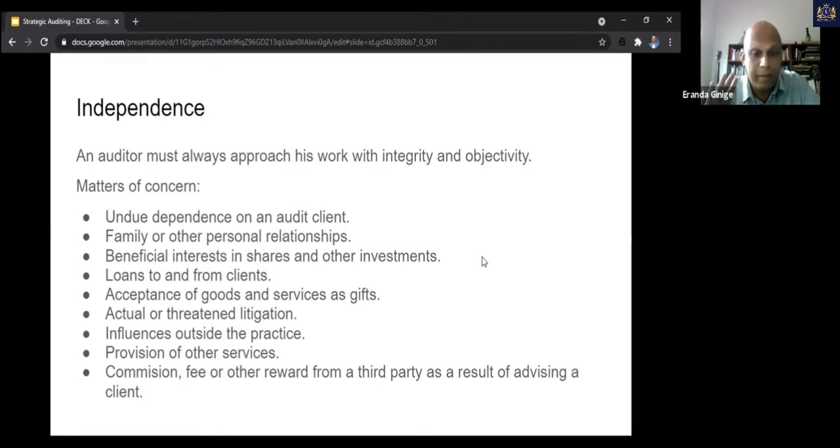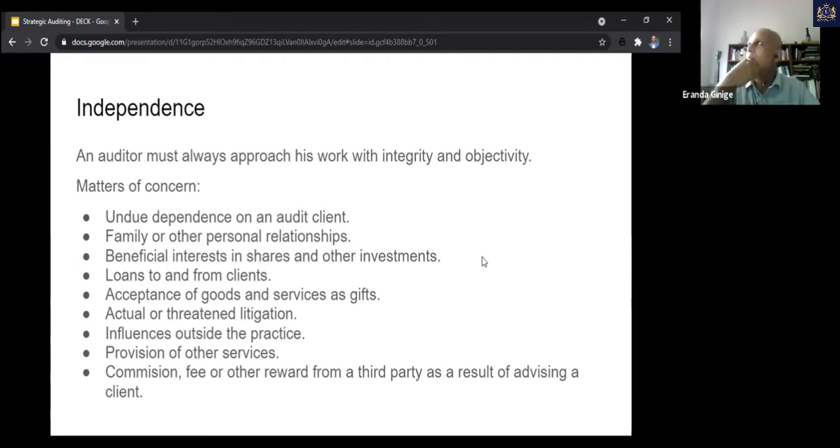And provision of other services. If your company is providing too many services to the client, that could also lead to a dependence problem. Commission fee or other reward from a third party as a result of advising a client, right?